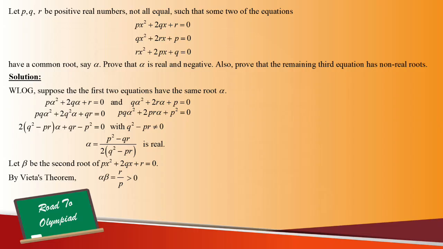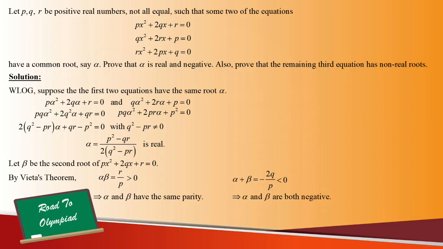This implies that alpha and beta must be of the same sign. Also, we have the sum of roots is equal to negative 2q over p. Since p and q are also positive, the sum of roots is negative. Here, we have the sum of two numbers of the same sign is negative. This implies that both numbers must be negative, which concludes our first proof that alpha is real and negative.